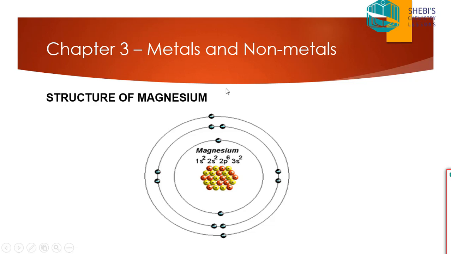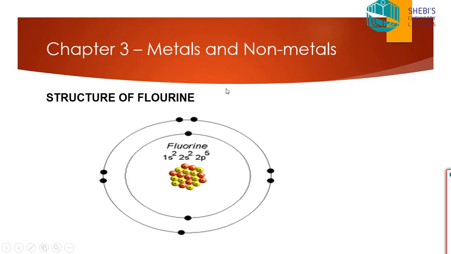So what about fluorine? This is the structure of fluorine. Fluorine has atomic number 9, so the electronic configuration is 2, 7. You can see 7 electrons in the outer shell. To make the bonding easier, I told you to always do the pairing like 1, 2, 3, 4, then 5, 6, 7, 8.